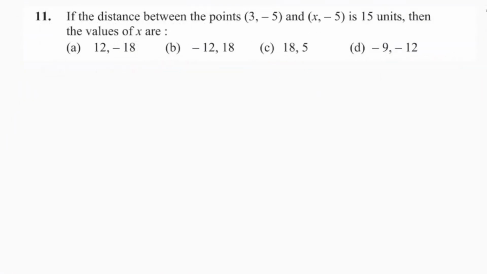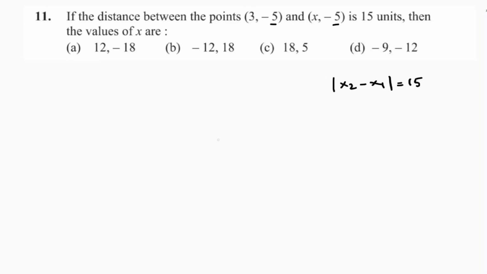Correct option is A. If the distance between the points 3 comma minus 5 and x comma minus 5 is 15, then the value of x? See here, the y coordinates are the same, so the distance will be the mod of x2 minus x1. So directly you can do this: modulus of x2 minus x1 equals 15.